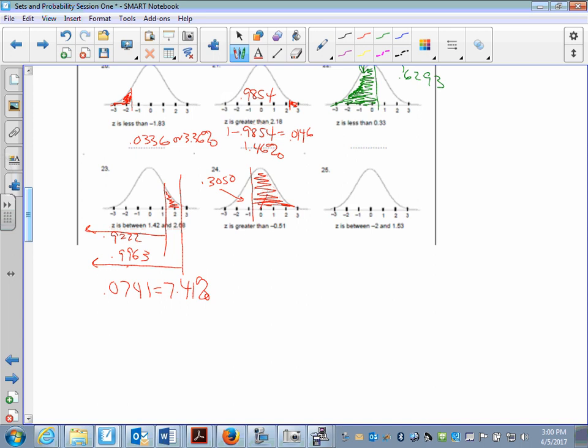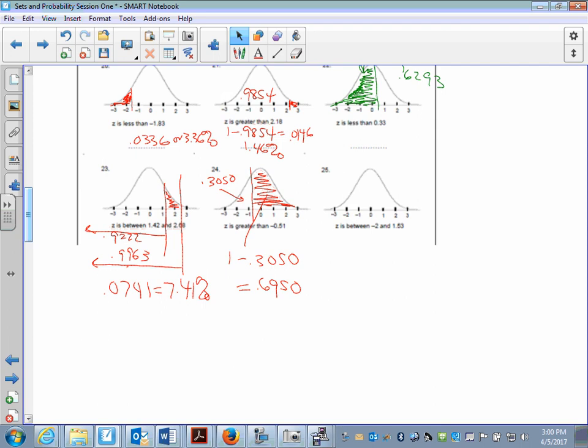So the shaded region is going to be 1 minus 0.3050, which is going to be 0.6950 or 69.5%.